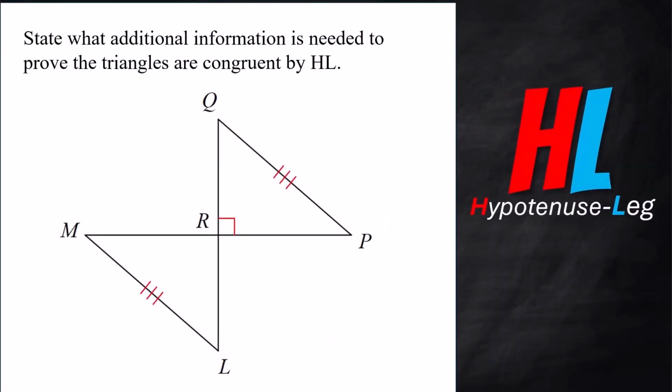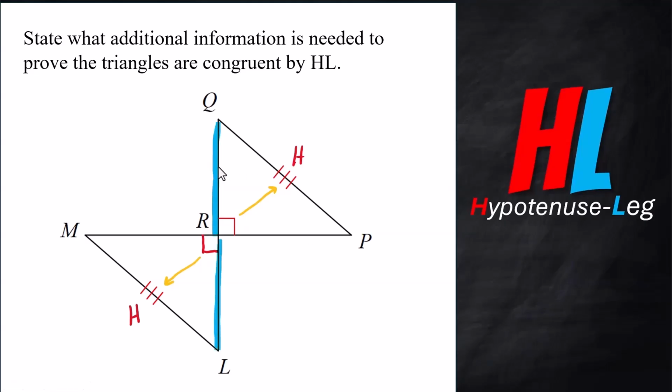If we want these two triangles to be congruent by hypotenuse leg, what other information do they need to give us? Well, one thing they don't have to tell us is that this is a right angle. It's vertical angles, that's a definition, so you can just use it. We've got the hypotenuse sides marked as congruent for both. So what we really need is a pair of legs.